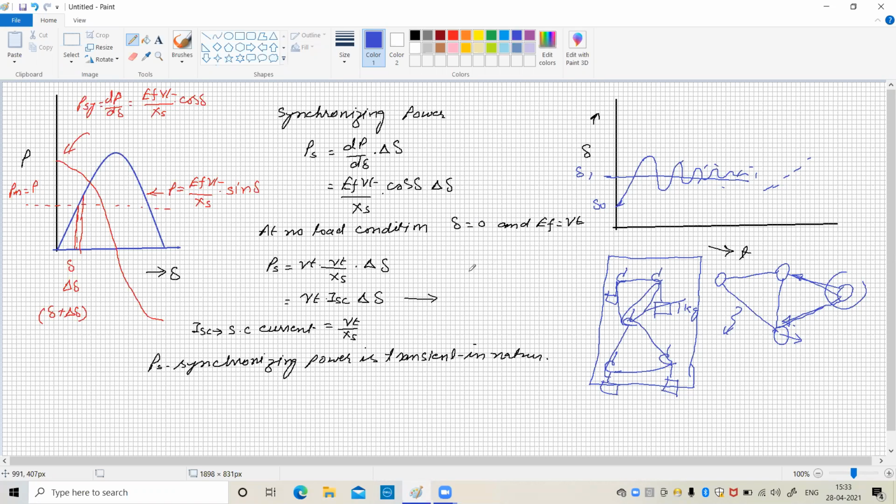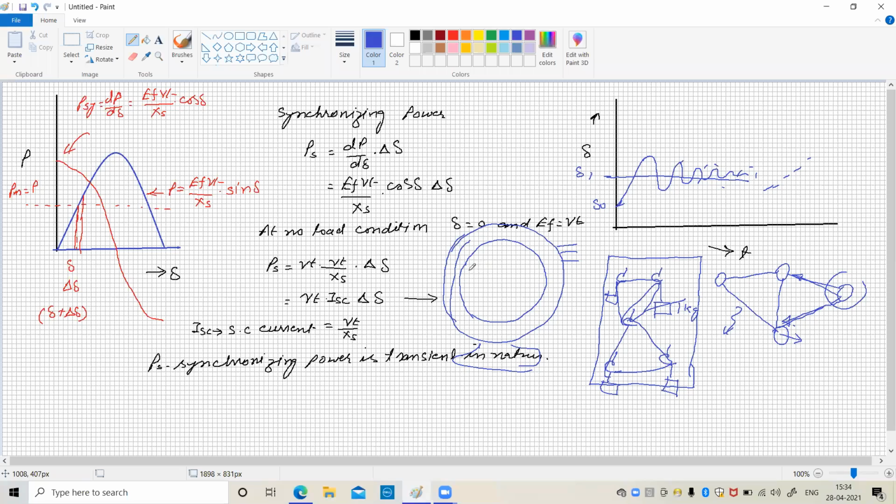Now we will look at the construction of the synchronous alternator. In the synchronous alternator, we found that in addition to the exciting winding, say this is the stator of a synchronous alternator, which comprises a 3-phase armature winding.